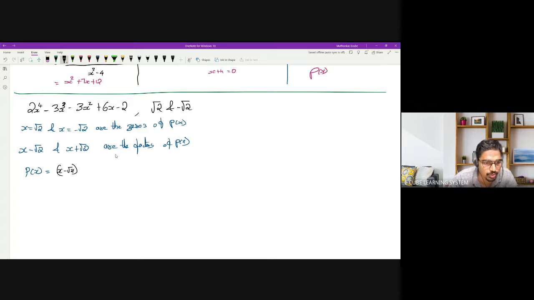The issue with the root 2 will be solved in this particular step. Now multiply x minus root 2 and x plus root 2, so that we can find g of x, and on factorizing g of x, we will get the new zeros. Similarly, the pattern is simple. If you get the pattern, it's very easy.